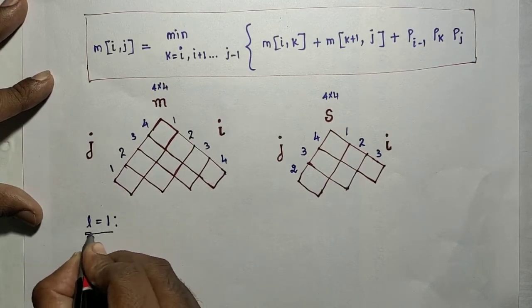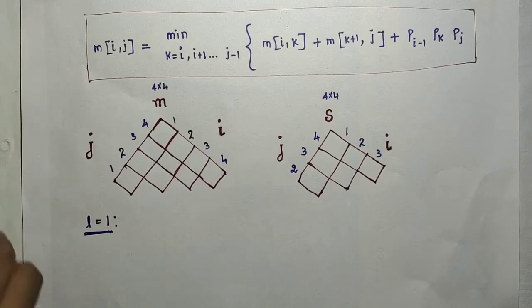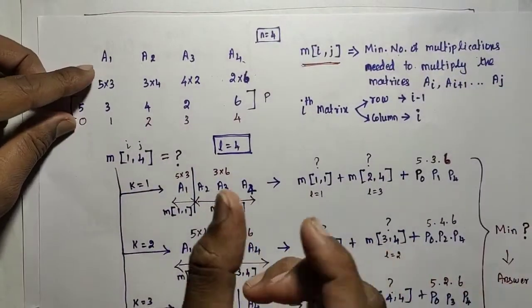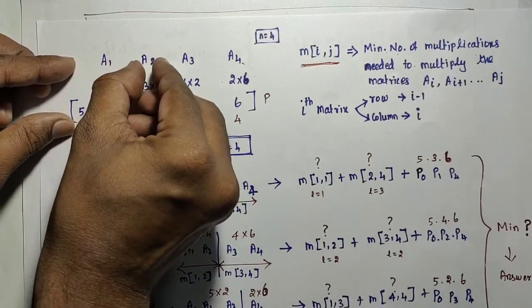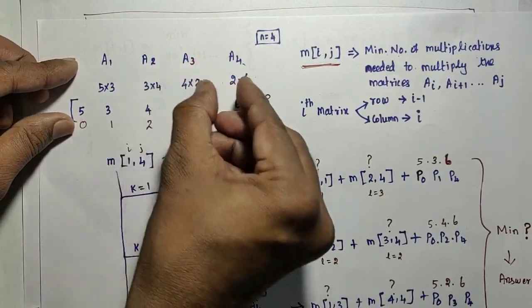Length equal to 1 means we have the matrices A1, A2, A3, A4, 4 matrices. Length equal to 1 means only one matrix: A1 to A1, A2 to A2, A3 to A3, A4 to A4.